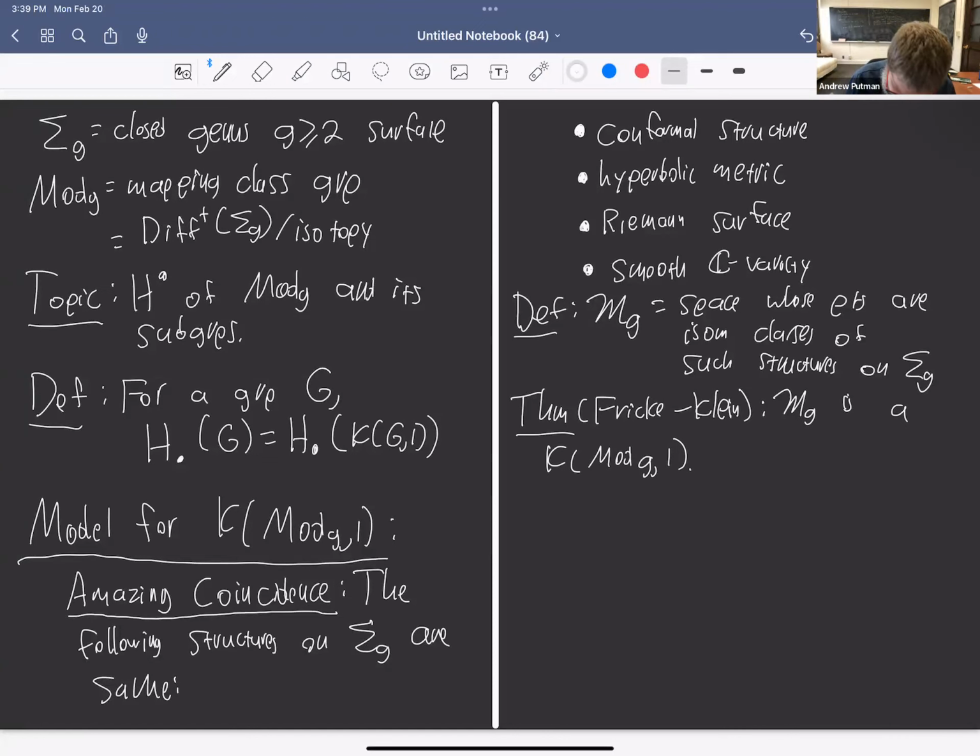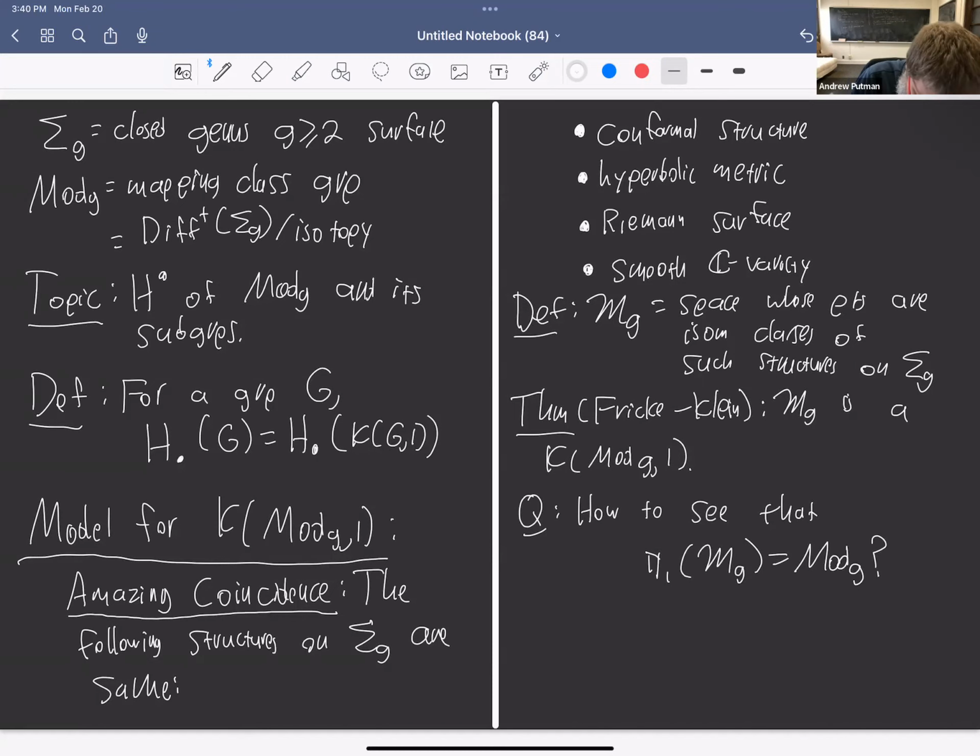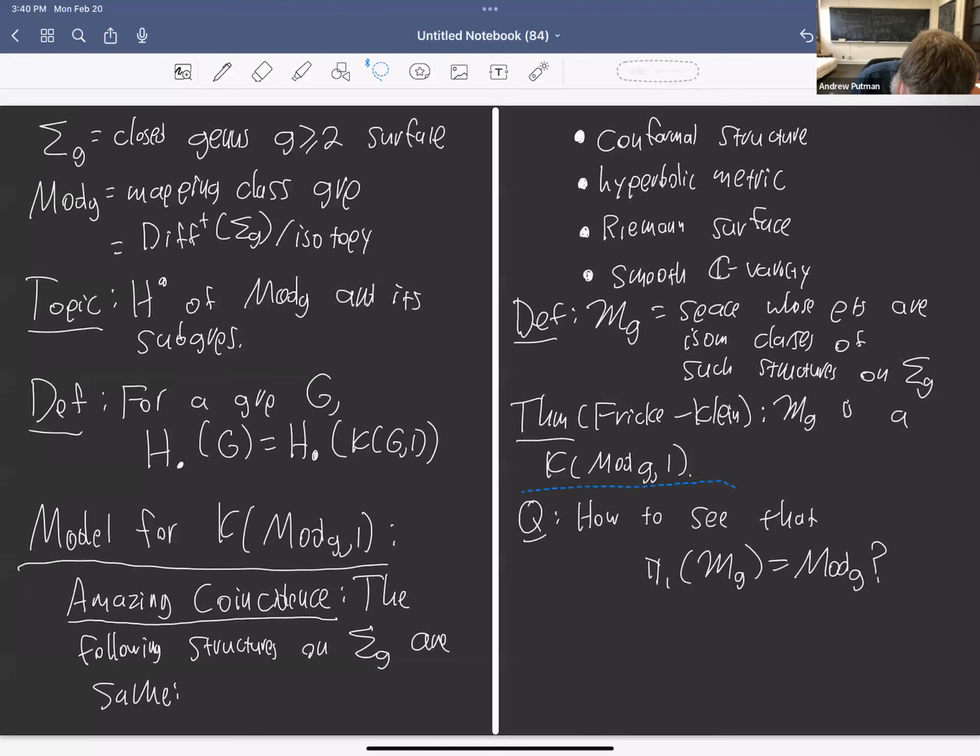So there's a question here, which is how to see that the fundamental group π1 of M_g is equal to the mapping class group. There should be some sort of map between these two things. I'm going to copy this so I can move it to the next screen.